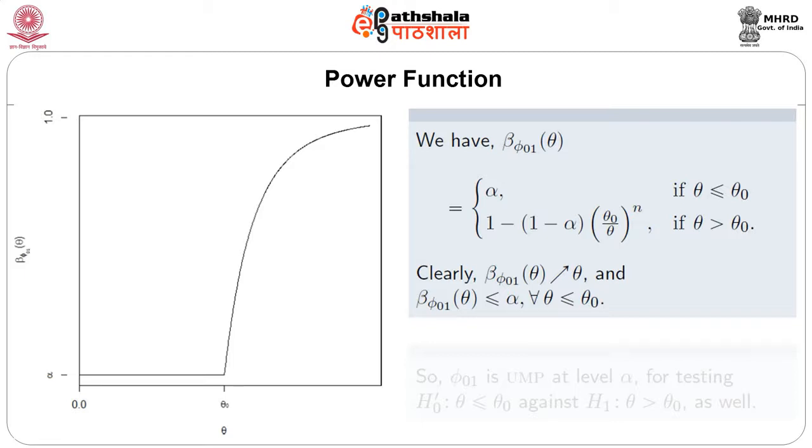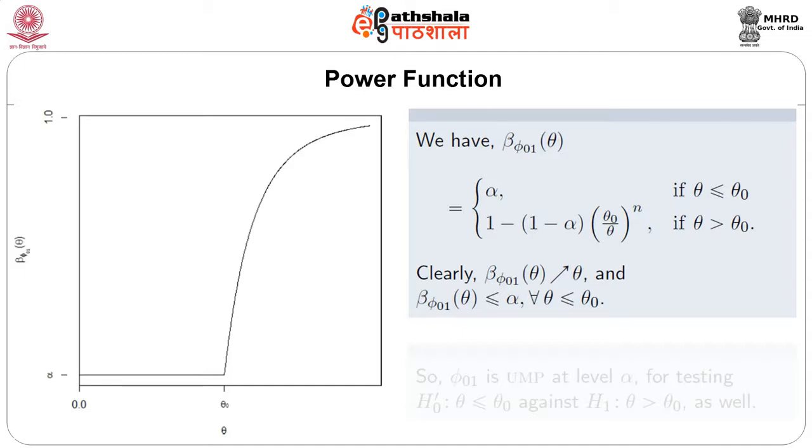And you see, as theta increases, 1 by theta decreases, so theta naught by theta decreases, and (theta naught by theta) to the power n decreases, and as the minus sign is there, overall it increases. So this power function increases as theta increases.